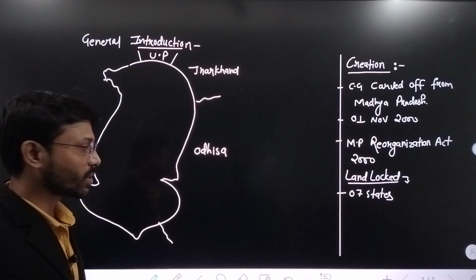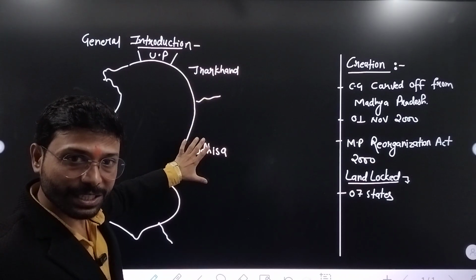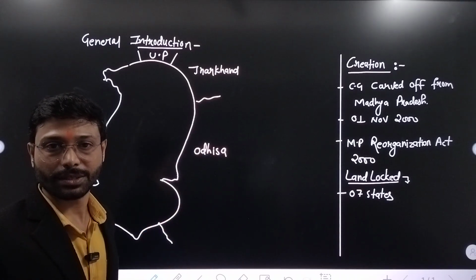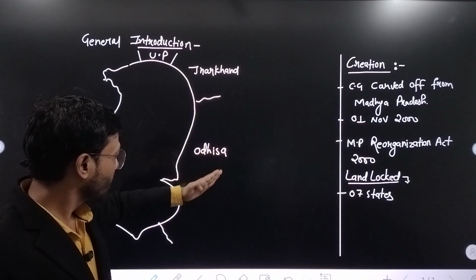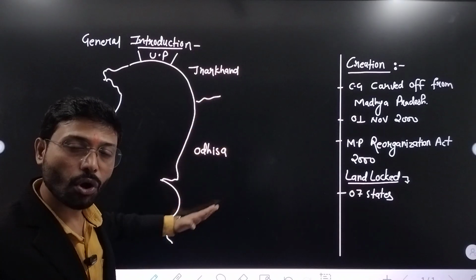Because Odisha covers some part of the northeast, it covers the eastern side of Chhattisgarh also. It also covers part of the southeast. That's why in this manner you can draw the boundary with Odisha.